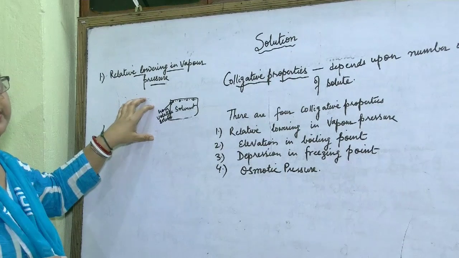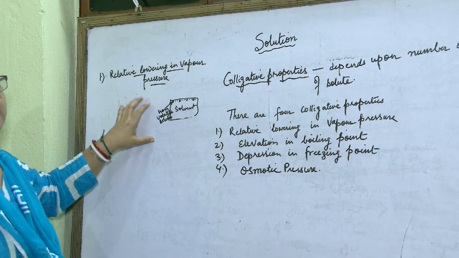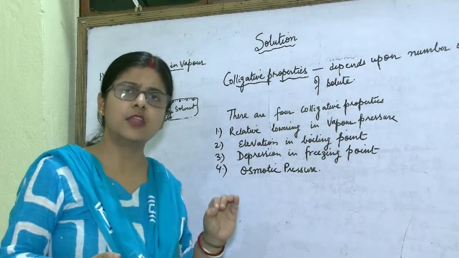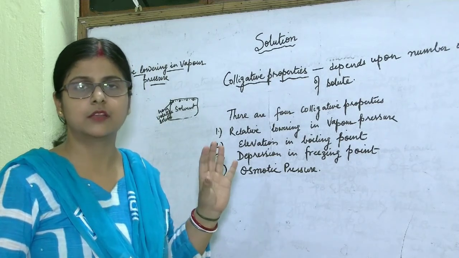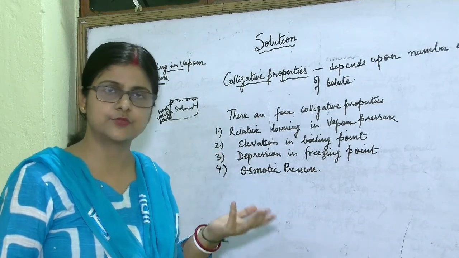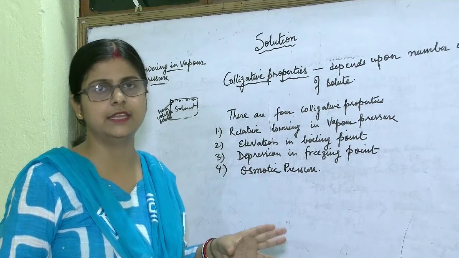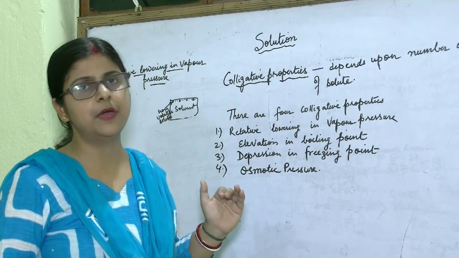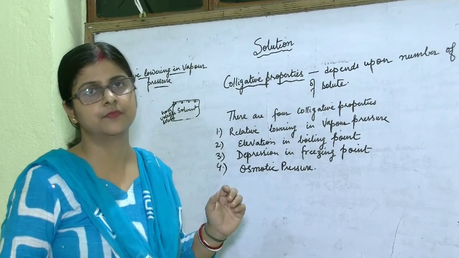So the vapor pressure of the solvent in the solution will decrease. Again, if you add a non-volatile solute to a volatile liquid, the vapor pressure of the liquid in the solution will decrease.